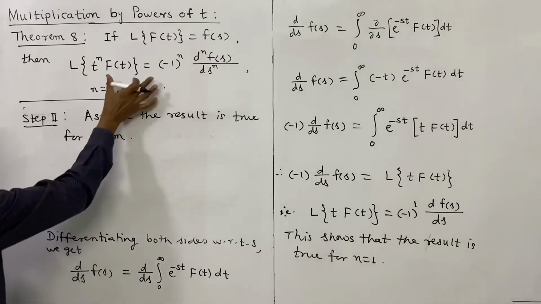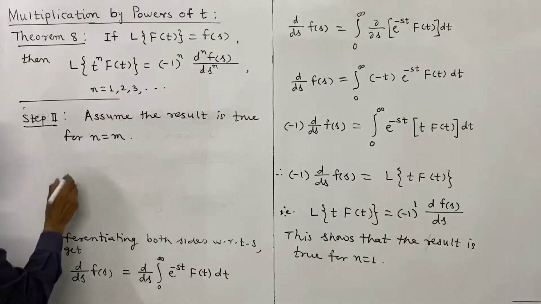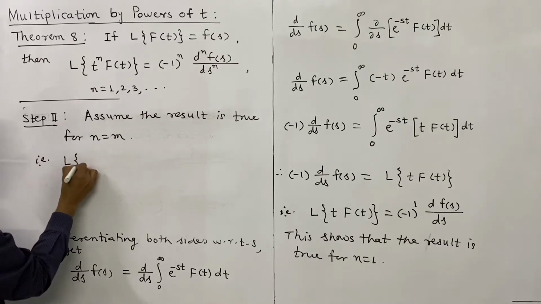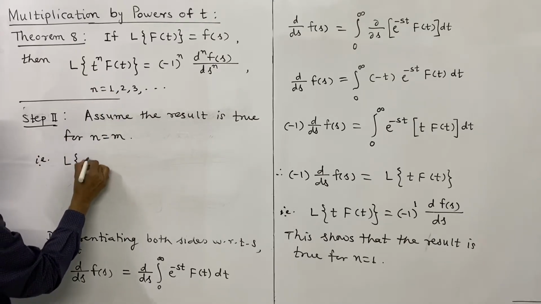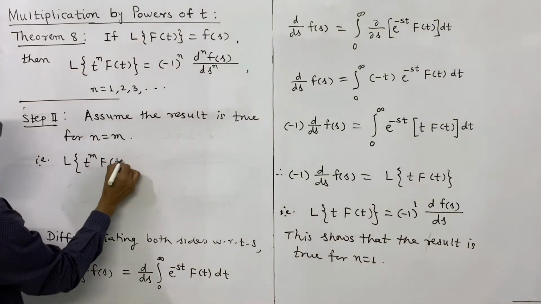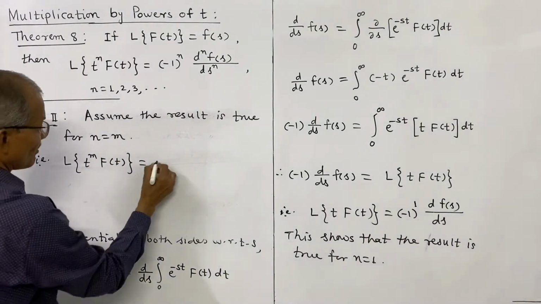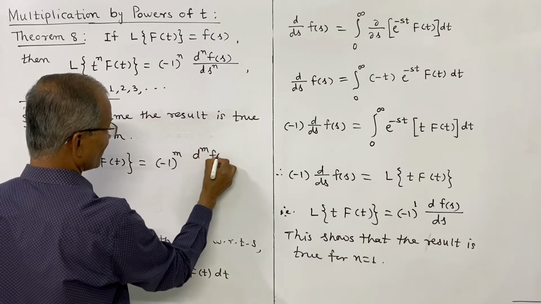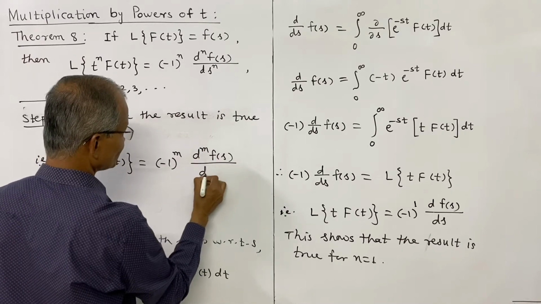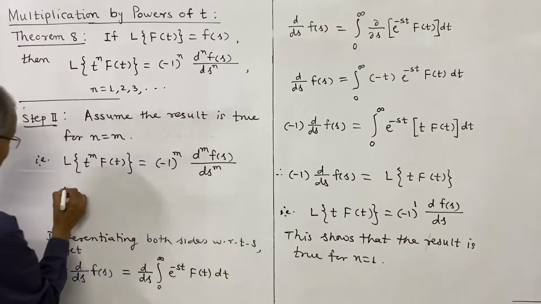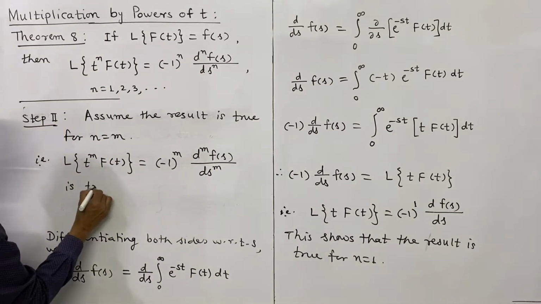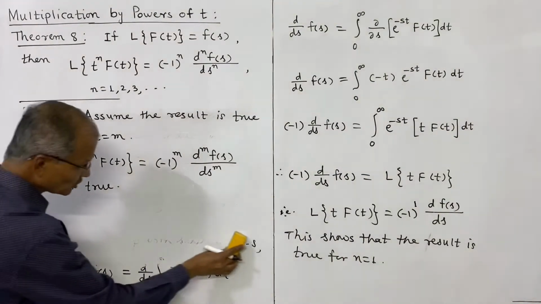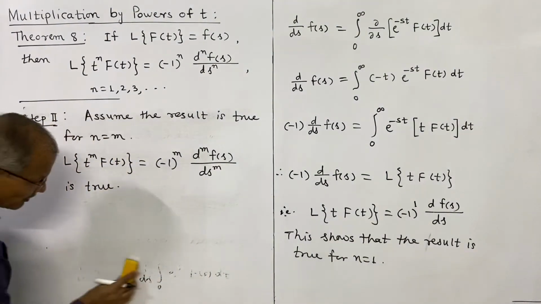So assume this result is true for n equal to m, that is, replace n by m, and what we are assuming is L of t power m f of t is equal to minus 1 power m, the mth derivative of F(s) with respect to s. This result is true. Now what we have to prove? We have to show the result is true for n equal to m plus 1.